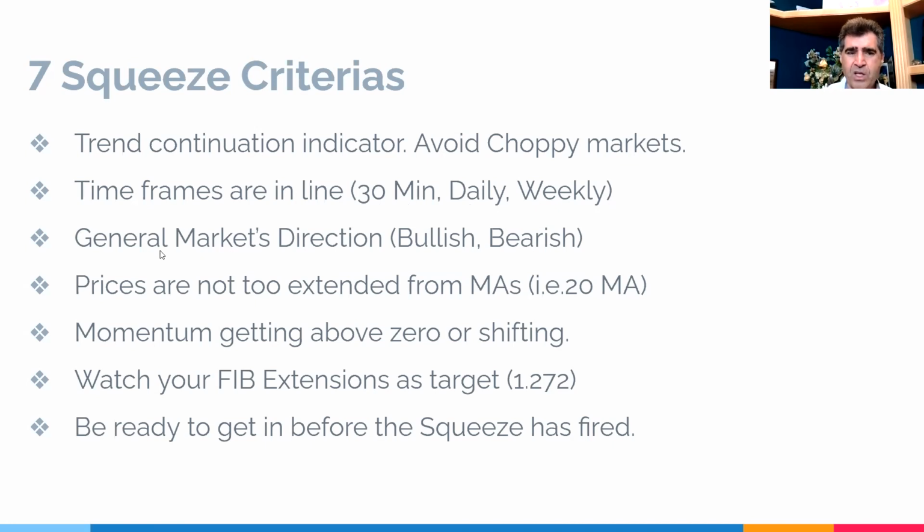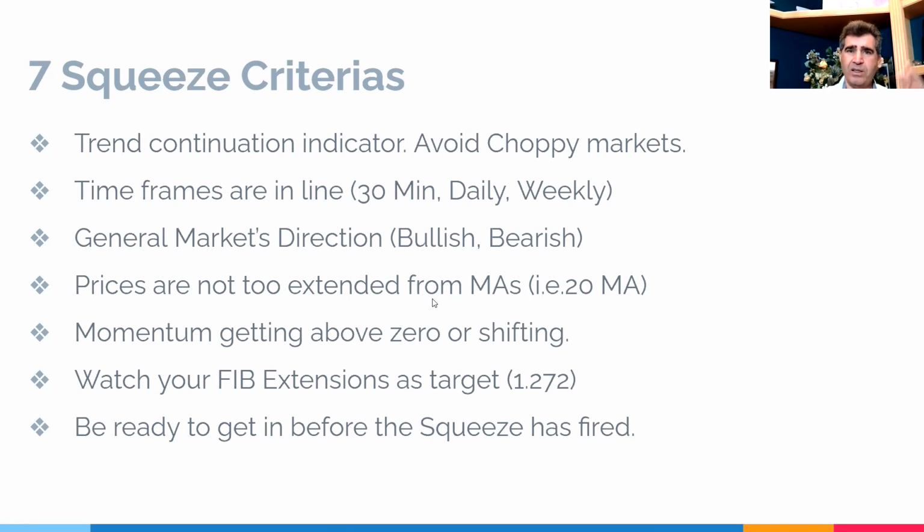The other thing is, like today for instance, the general market direction: you want to make sure it confirms. Most of the time, obviously, the markets lead us. So if it's bullish, that gives us more confidence in our position. Also, make sure that prices are not too extended.